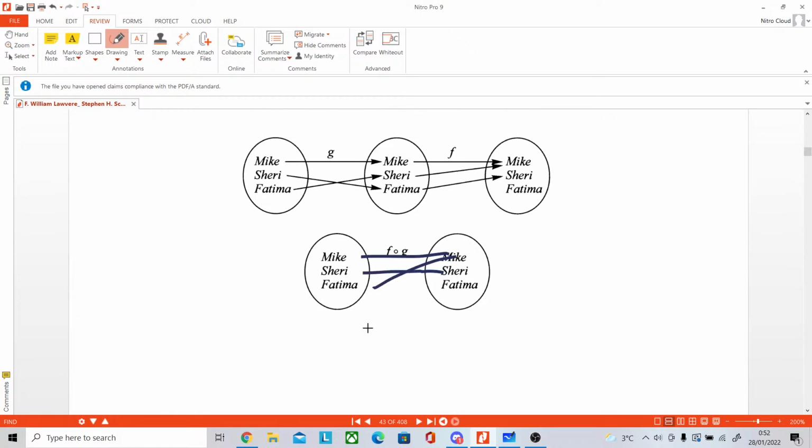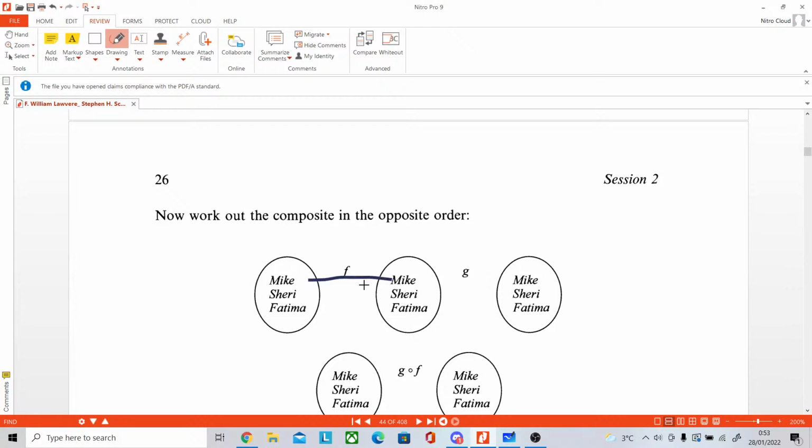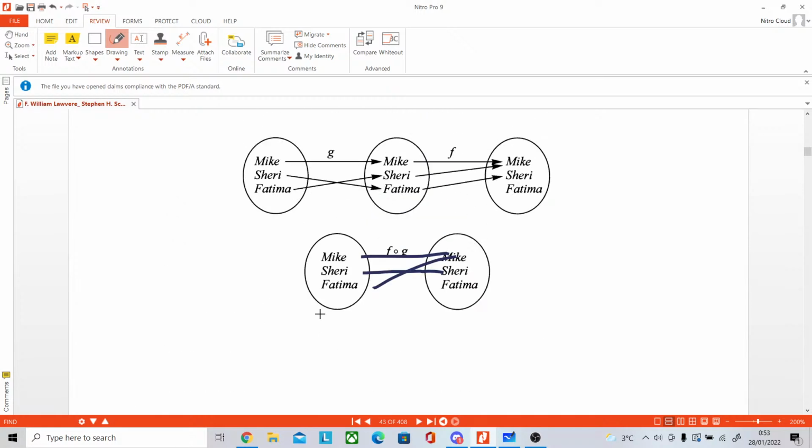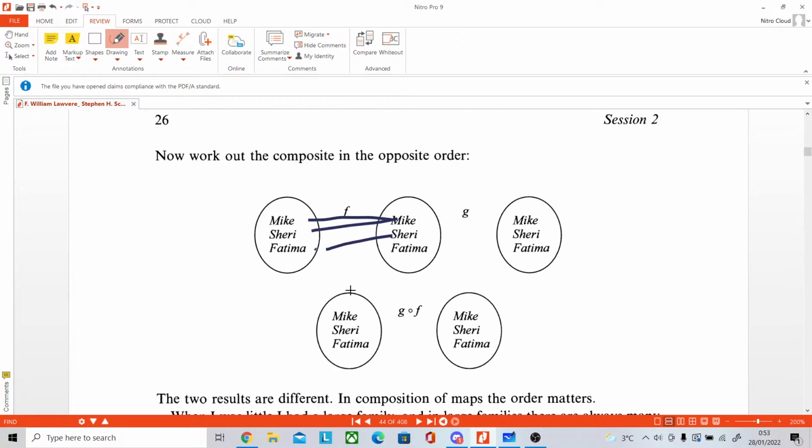What is F? We'll use 1, 1, 2. And G is 1, 3, 2.